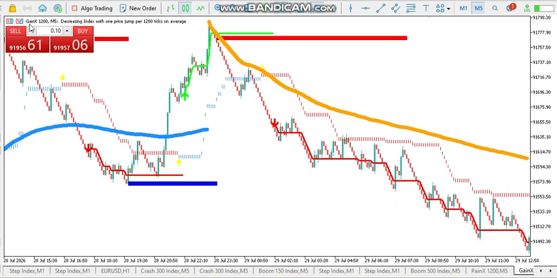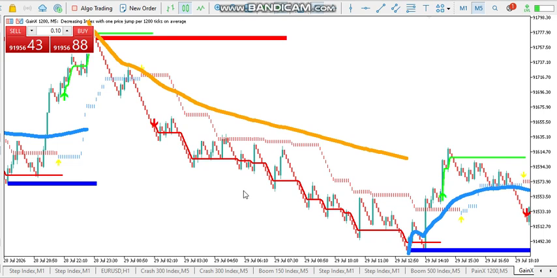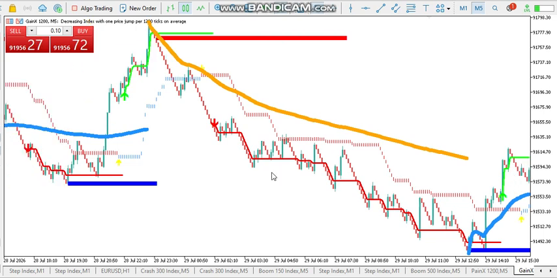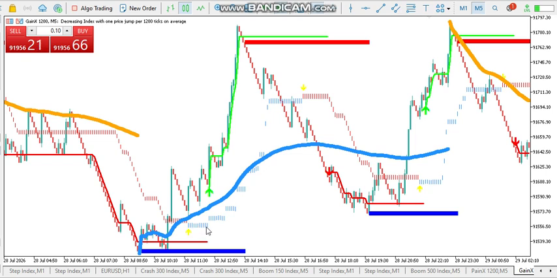Don't forget, this is GainX 1002, which is on 5 minutes. So you can see it go on a massive downtrend until we have the end of our histogram here. So you are going to be closing your trade somewhere around this particular area. So this indicator is working massively.